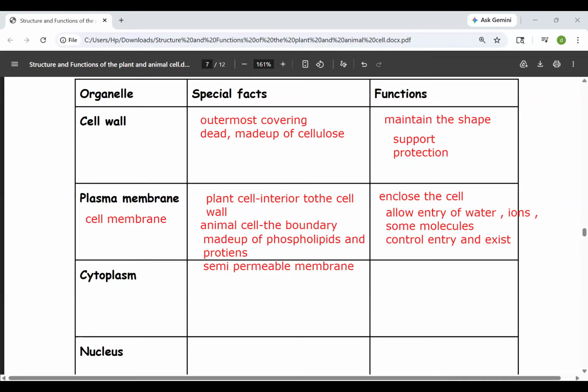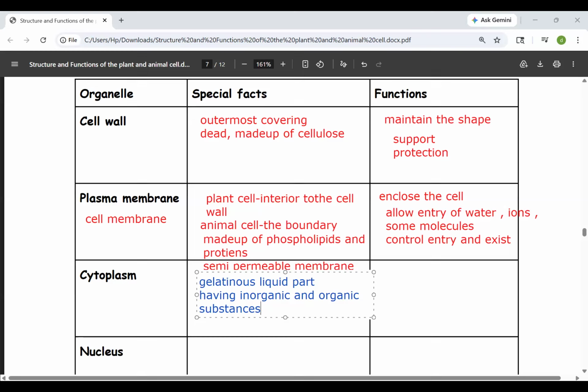Cytoplasm is considered as a gelatinous liquid part, having inorganic and organic substances. You know about organic and inorganic substances, meaning with carbon and without carbon. Just understand that, that's enough.